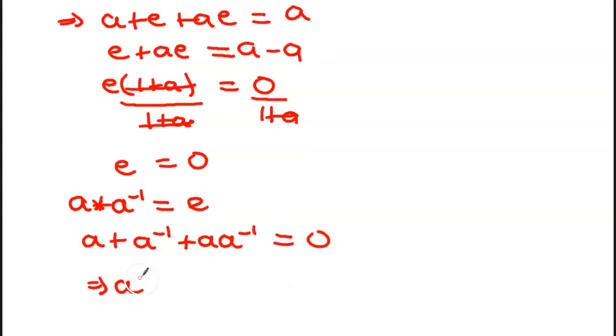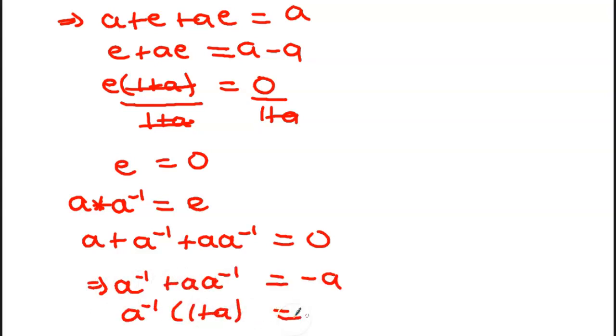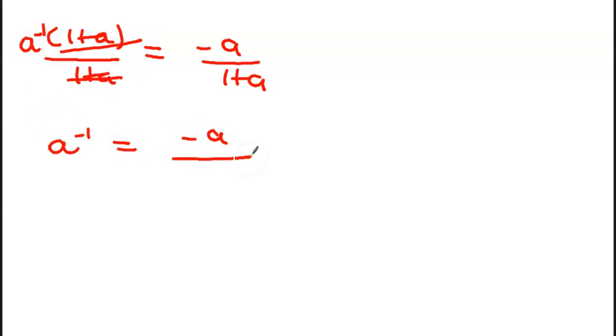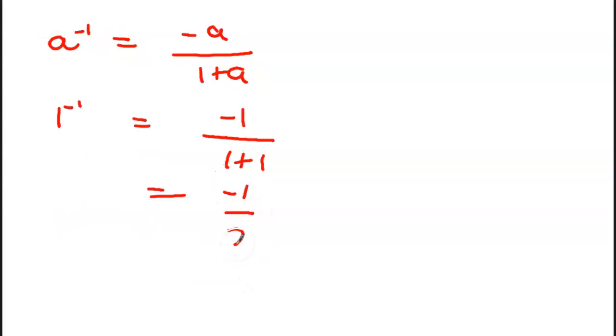This implies that, grouping the like terms, A inverse times 1 plus A is equal to minus A. So we divide both sides by 1 plus A, equal to minus A over 1 plus A. This will cancel, which gives us A inverse. A inverse will be minus A over 1 plus A. And we were asked to find the inverse of 1. So 1 inverse will be minus 1 over 1 plus 1, which is minus 1 on 2.